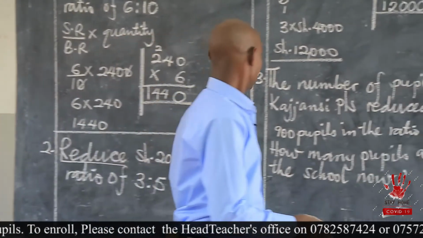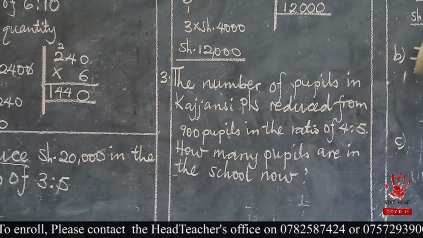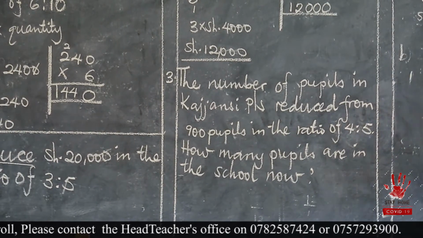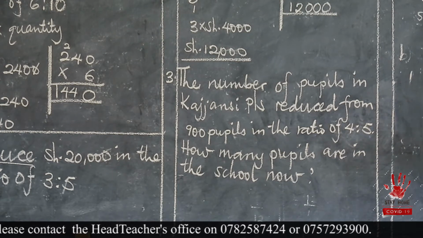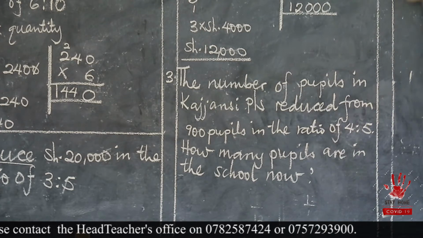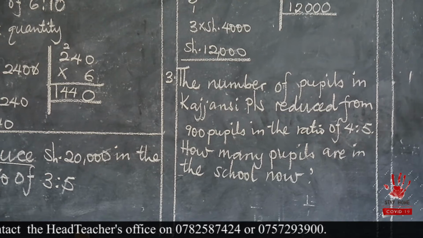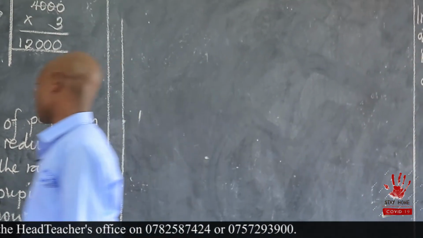So it goes, the number of pupils at Kajans Primary School reduced from 900 pupils in the ratio of 4 to 5. And the question is, how many pupils are in the school now? Very simple question.